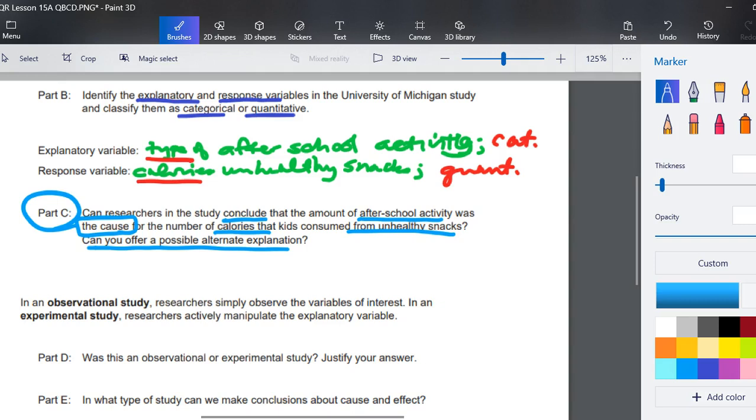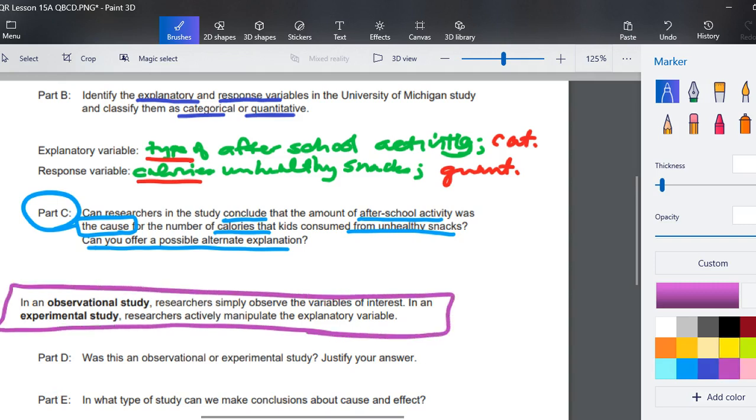The answer is no. It may be that children who choose to watch a lot of TV had things in common with the kids who ate more calories and snacks. Maybe there was less parental intervention that caused both of these variables to increase together. Another piece of information, highlight, underline, put neon signs around it.